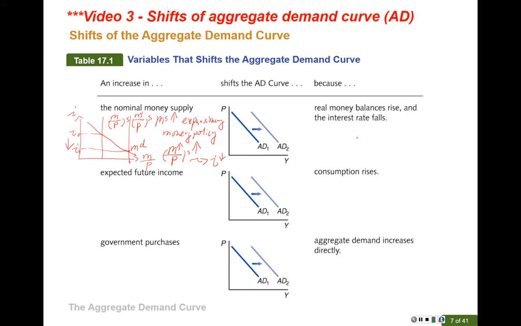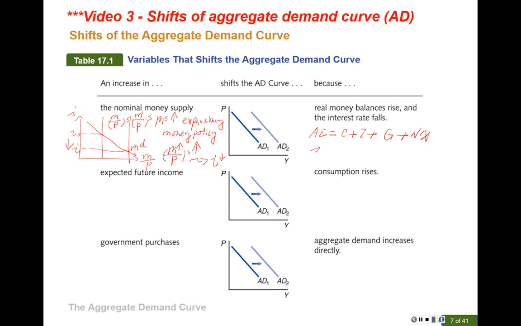Then we can find out what happened to the aggregate demand. Again, when we analyze aggregate demand, you have to rely on this equation. Aggregate expenditure is consumption plus investment plus government spending and net export.